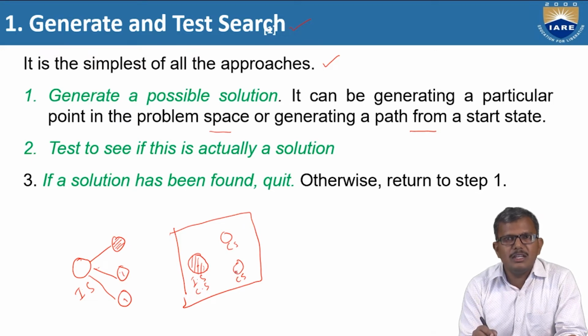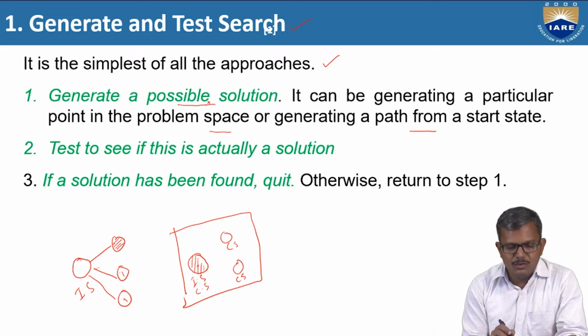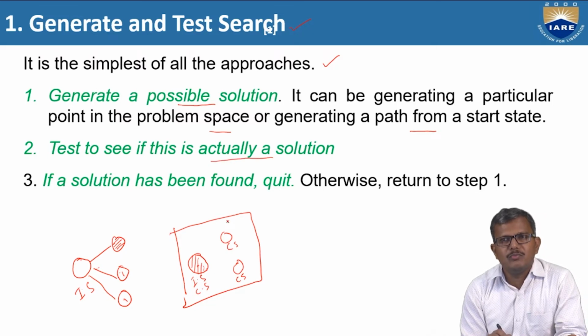So in the generate and test procedure, we first generate the possible solutions. Once that is done, our next duty is to test it to see if this is actually a solution or not. Solution means where you have to reach. For easy understanding, every time it is a goal state. Whatever you identified in step 1, if it matches your goal state, then your search is successful.